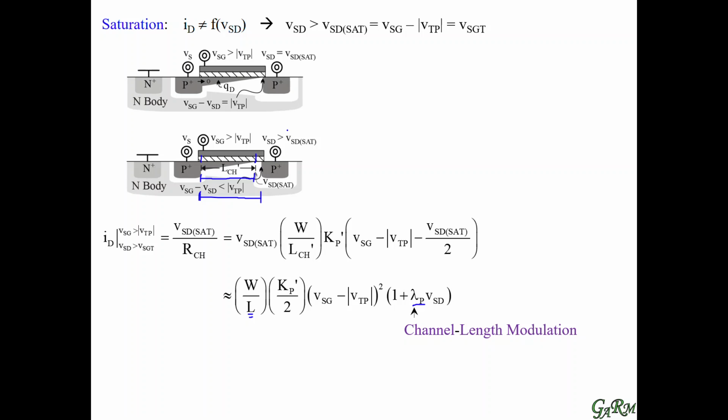So when we have a higher source drain voltage, we have a shorter channel, which means lower resistance and higher current. So when we have a higher source drain voltage, then therefore we have a higher current. So this is how we model channel length modulation. Now let us remove markers again.